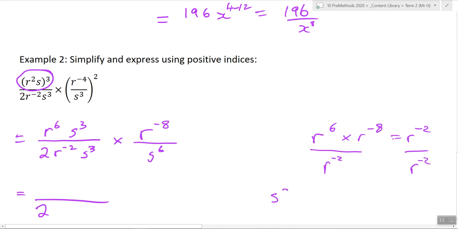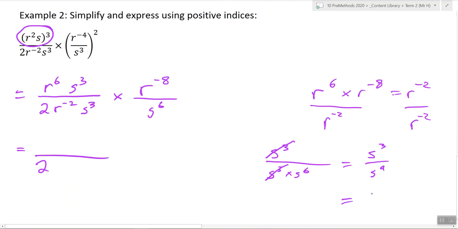What about the s's? s to the power 3 over s to the power 3 times s to the power 6. Yep, s to the power 3 over s to the power 9. Or you could just cross these out and it becomes s to the power of 6.